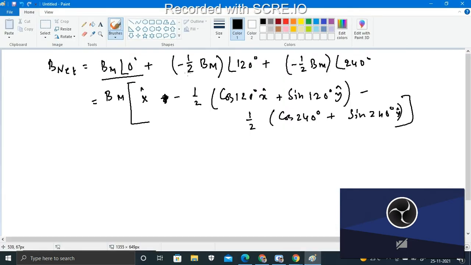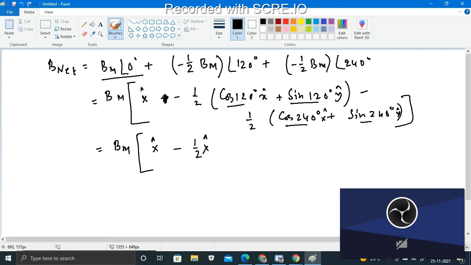So here up to this we are there. So 100 sine of 240 degree. Then we have to put the values of cos 120, sine 120, cos 240, and sine 240 degree. So what will be my equation? That will come Bm, x mod minus half of 240, so here we have a mistake, it will be considered as x, right?